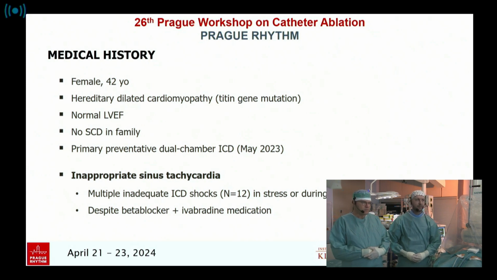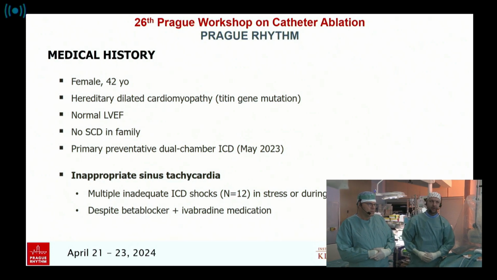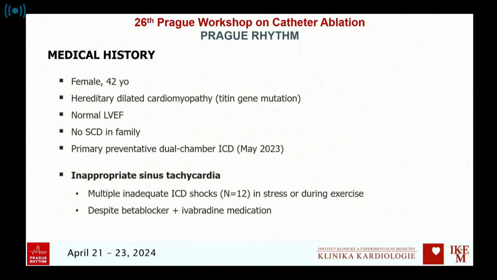This patient was implanted primary preventive dual chamber ICD a year ago, and suffers from multiple inadequate ICD shocks, a total of 12 shocks since implantation, mainly in stress and during exercise, and all despite beta blockers and ivabradine in chronic medication.